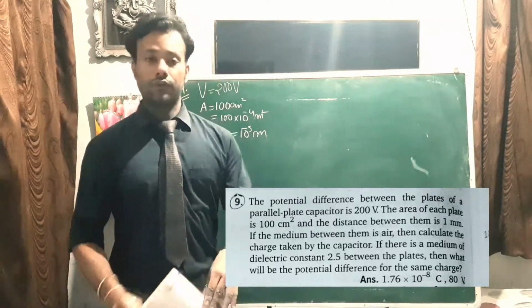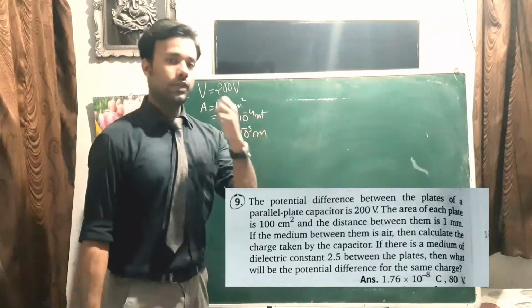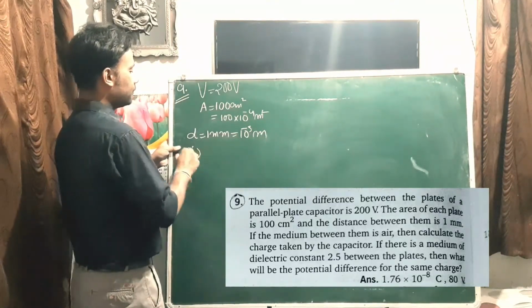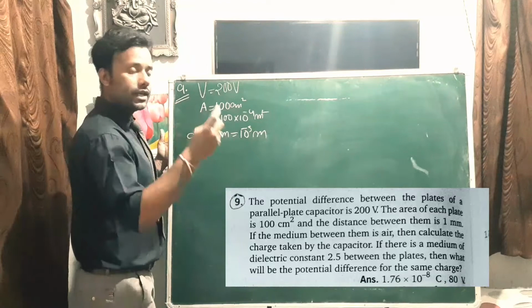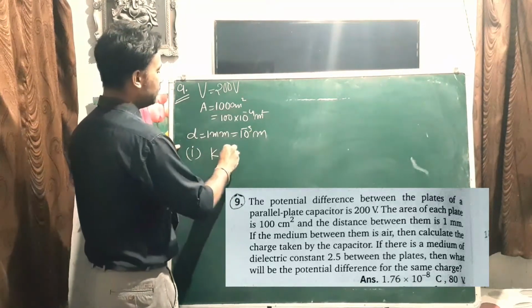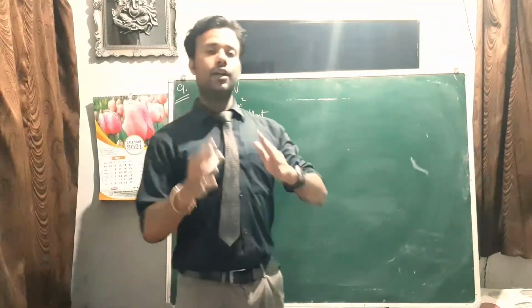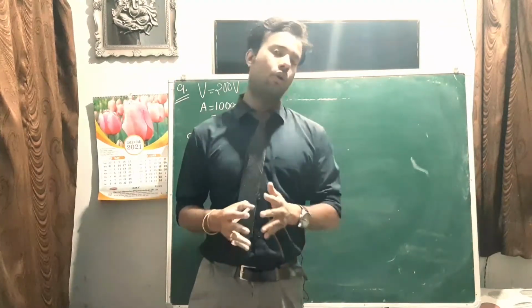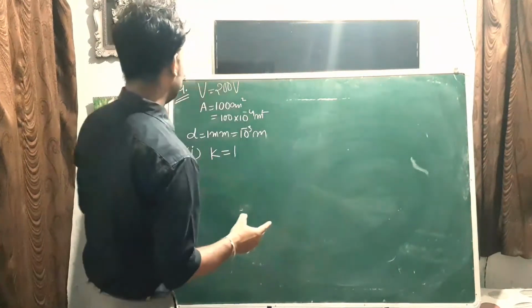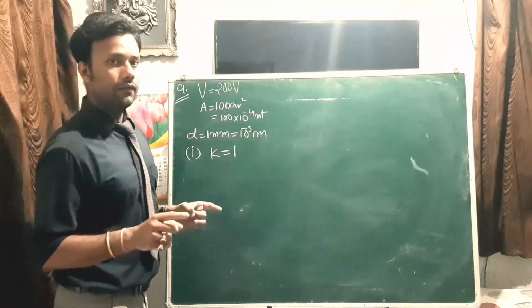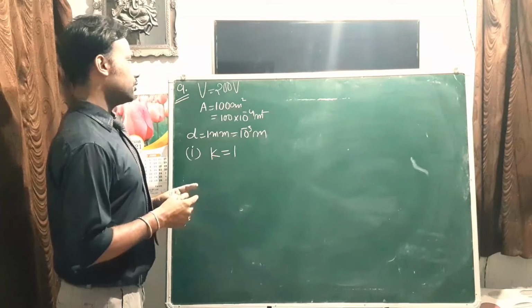So let's solve this part first, then I will move to the next part. In the first case, the medium is air, so K will be 1, because the dielectric constant for vacuum or for air is 1. So calculate the charge; we have to find the charge from here.